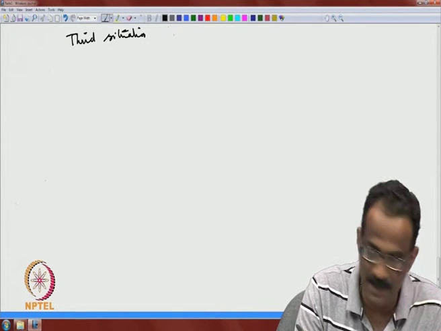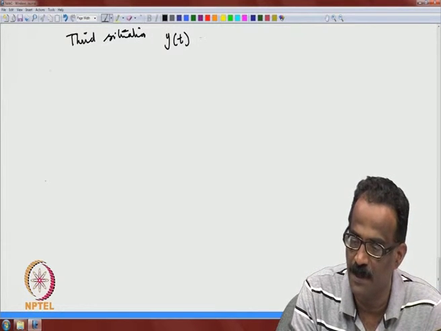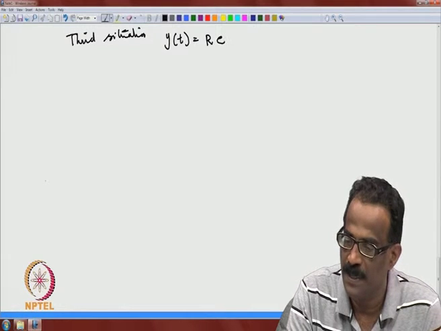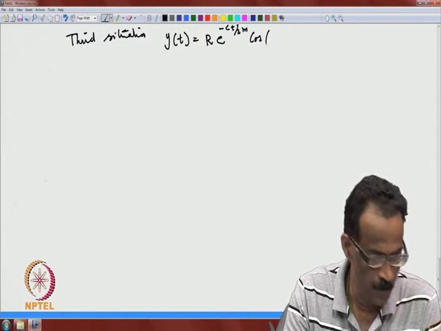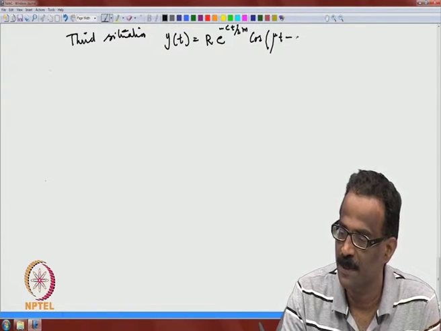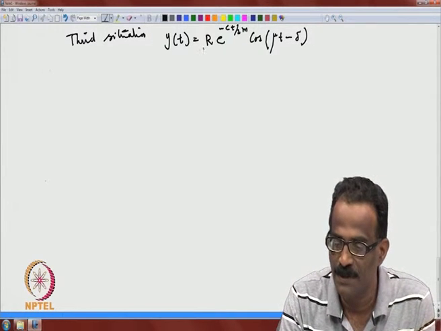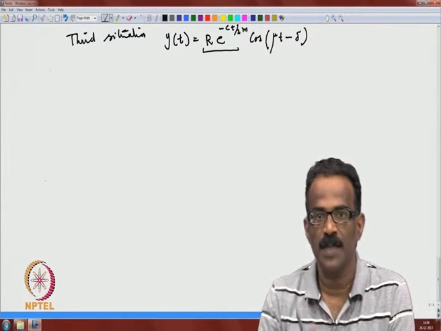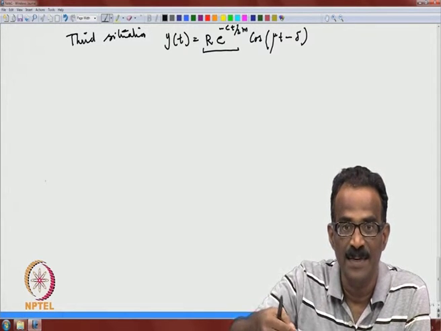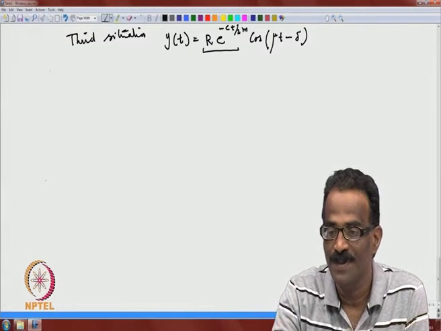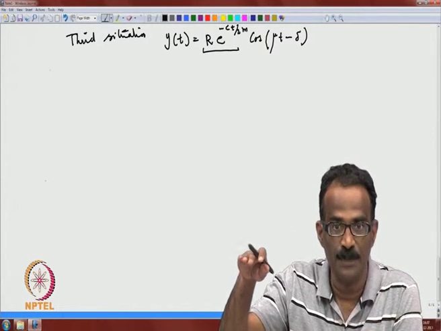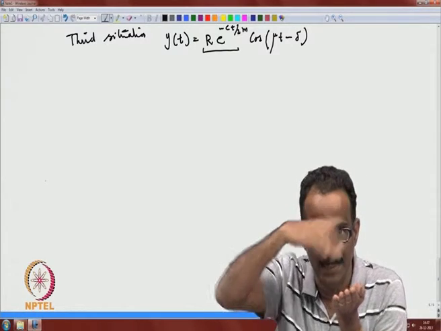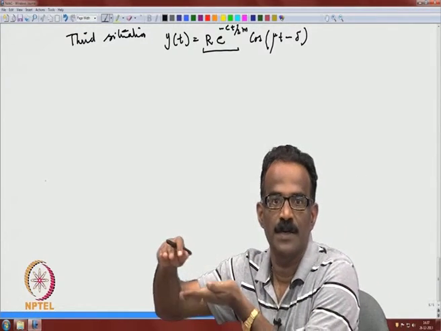You can still write the third situation as y(t) equal to r e^(-ct/2m) cos(mu t minus delta). Do it as an exercise, you see. So, this is your amplitude, and the amplitude decreases as it oscillates. When c equals 0, this term is not there, so the oscillations are not reducing, but since c is positive, the oscillations are still there but the amplitude reduces.